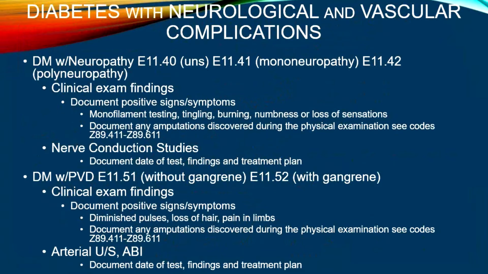PVD, the same thing, certainly can be diagnosed by a clinical exam. Again, document the positive findings when it was originally diagnosed. And then, of course, the other form of support would be your arterial ultrasound and your ABIs. Again, when you're examining the feet, don't forget about amputations. That will get you the second score.